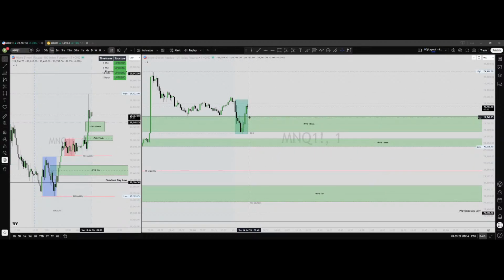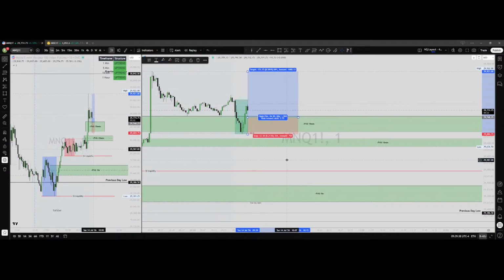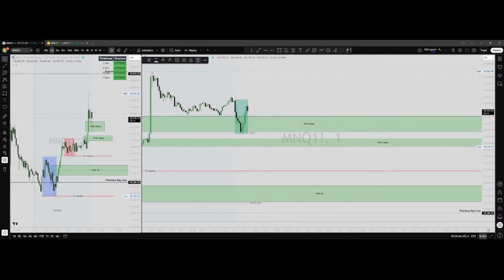We also have another fair value gap right here, so your trade would look something like this, 60 for this high, 172 points high. But as of right now, there's no fair value gap that has been inversed, and it's not even changed its structure. So no trade for us right now.